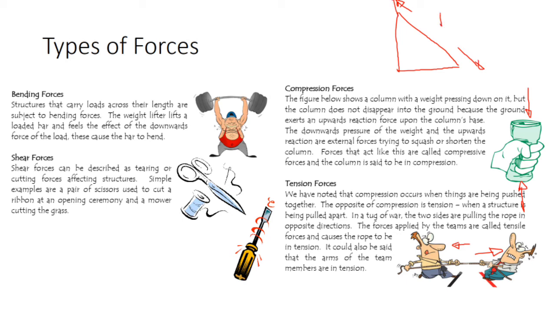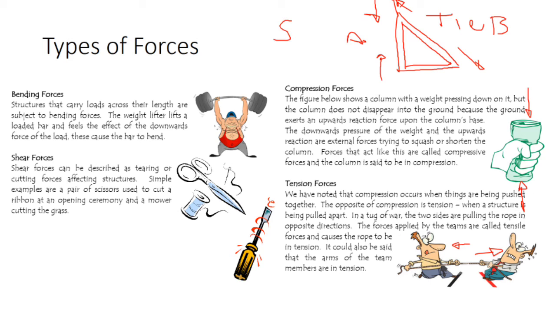And for compression, if this bit of the bridge here, this beam, another word for a beam is a member. So if this member here, we'll call this member A. Oh, and member B. Right. So this one's under compression. It's called a strut. S-T-R-U-T.